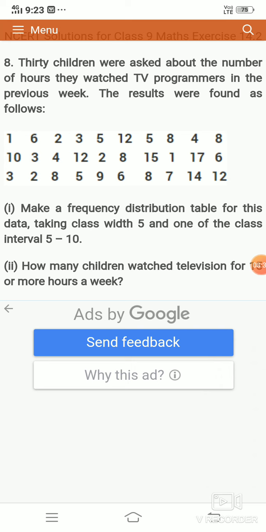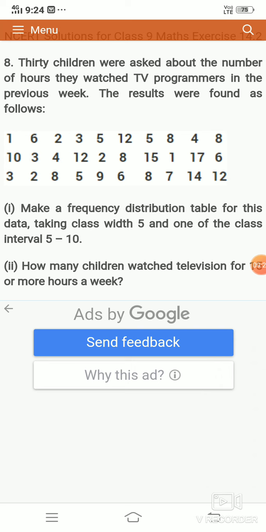So one of the class intervals is given, not the starting class interval. The starting class interval you decide using your data. The minimum number is 1, which occurs in 0 to 5 only, so your starting class interval should be 0 to 5.